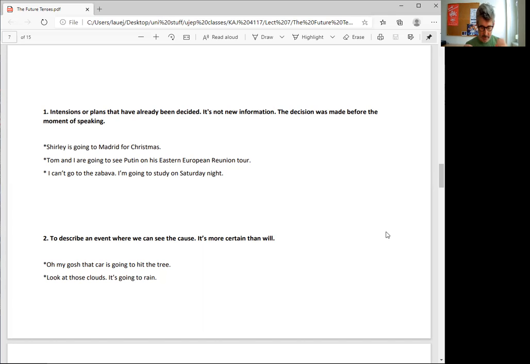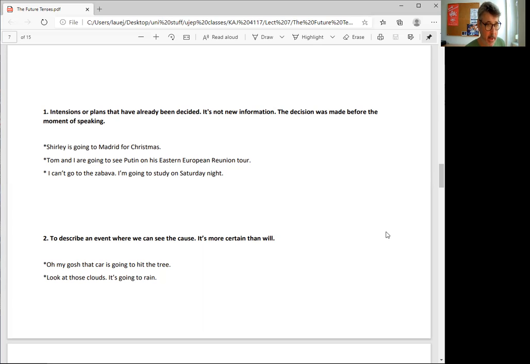And I know some of these differences are difficult to understand, especially for non-native speakers. As native speakers, we just use them instinctively, but these distinctions can sometimes get confusing. So if I see a situation and I'm almost 100% sure, I need to use going to.